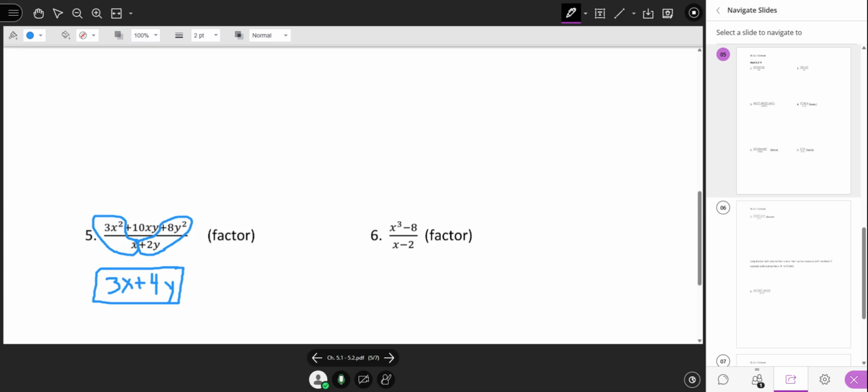Now this would have been the factoring where you would have taken that 3 and changed this into x squared plus 10xy plus 24y squared and factored this.